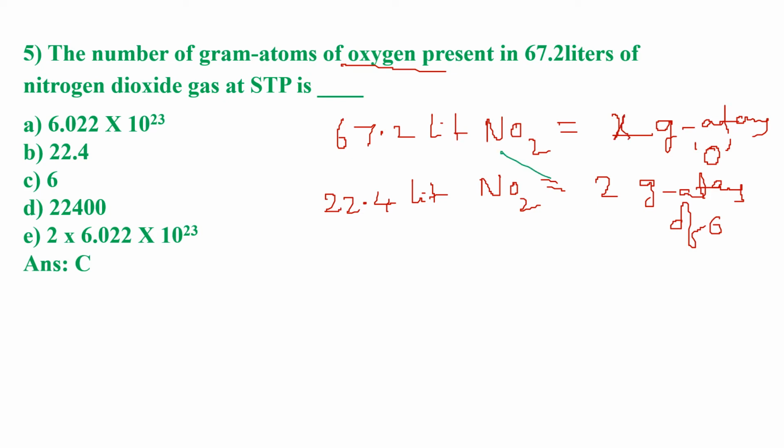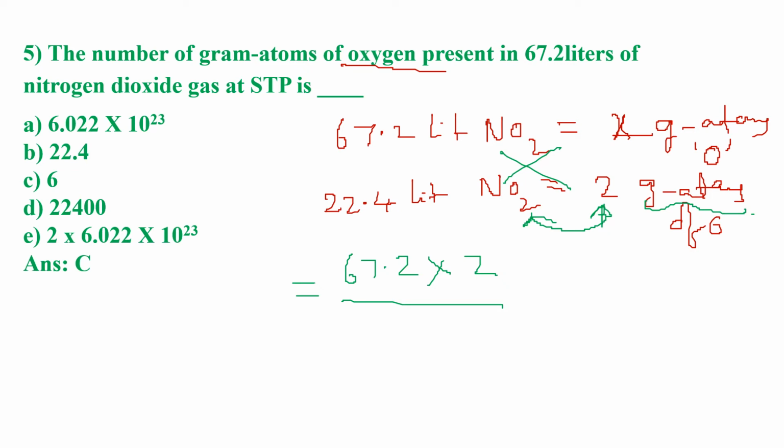Then crisscross, you will get 67.2 liters into 2. Why here 2? That's very important because he's asking only oxygen atoms. So that is why 2 gram atoms. Gram atoms are nothing but moles.